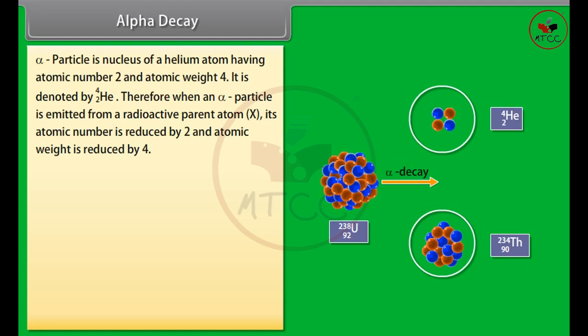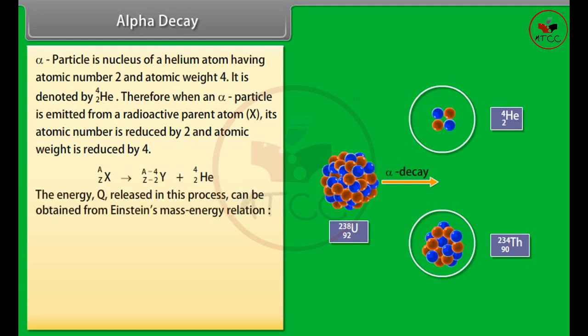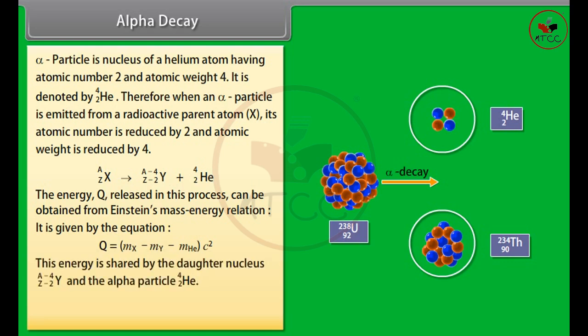The energy Q released in this process can be obtained from Einstein's mass-energy relation. It is given by the equation Q is equal to (mX minus mY minus mHe) c². This energy is shared by the daughter nucleus and the alpha particle.